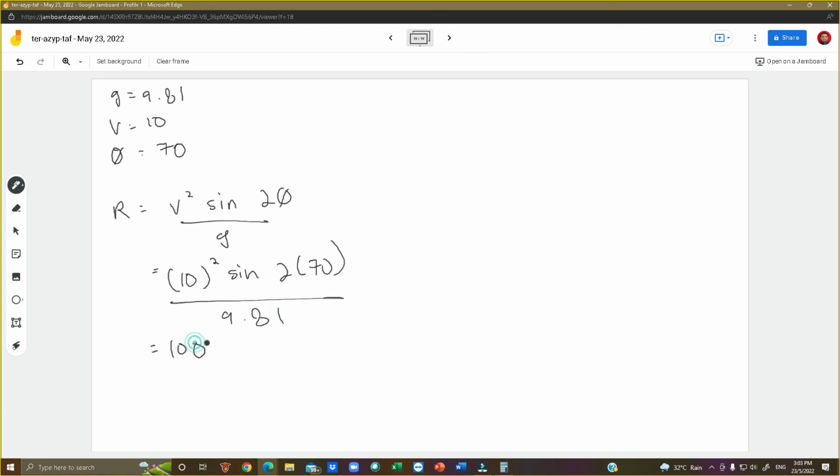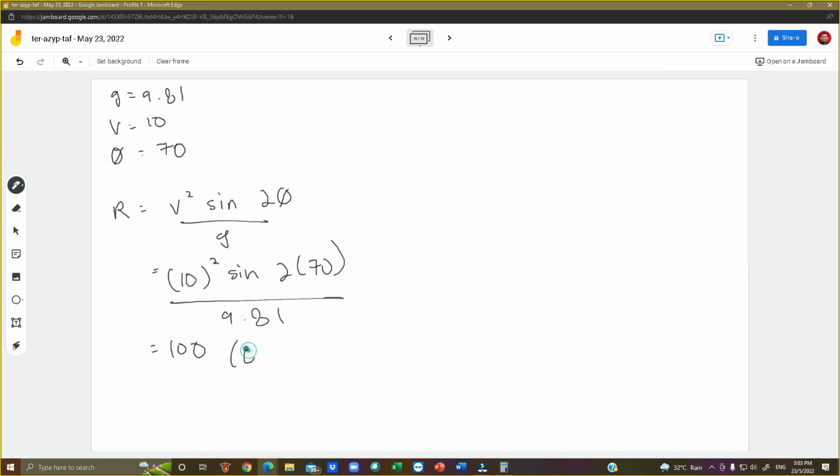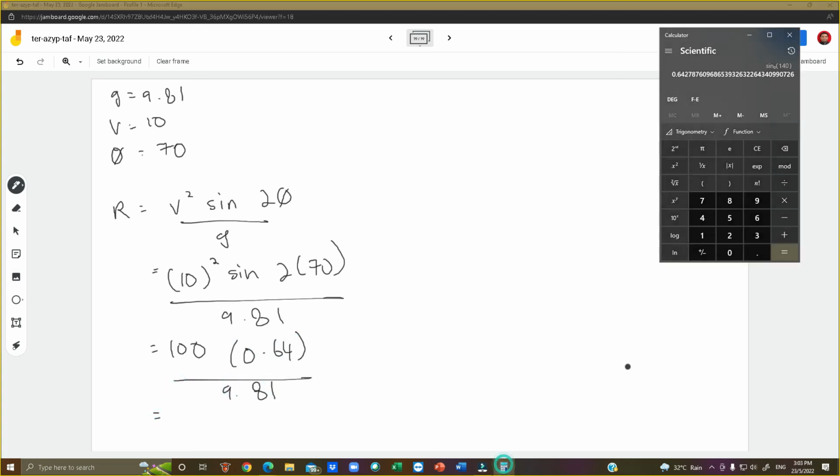We have 100. 2 kali 70, 140, sin 0.64. 0.64 kali dengan 100 bahagi dengan 9.81. 6.55 meter.